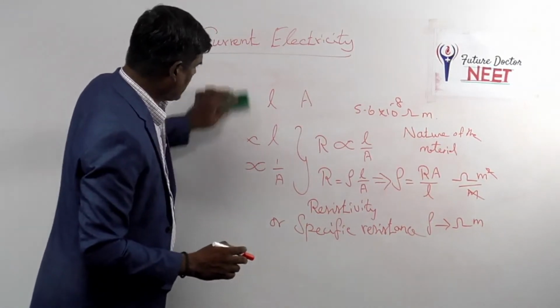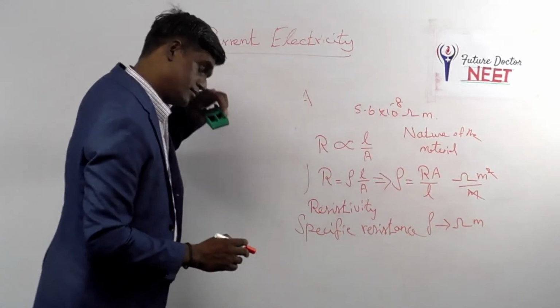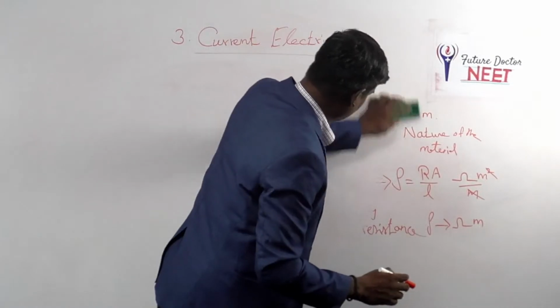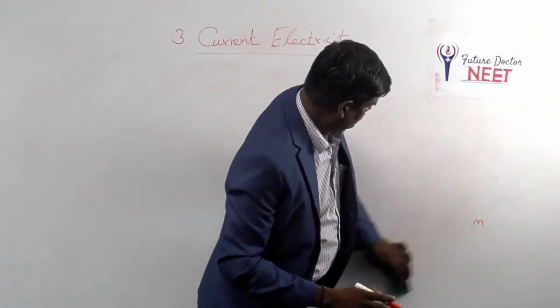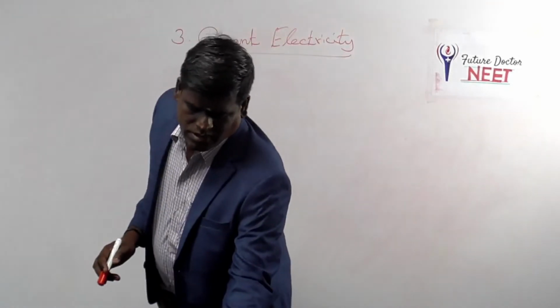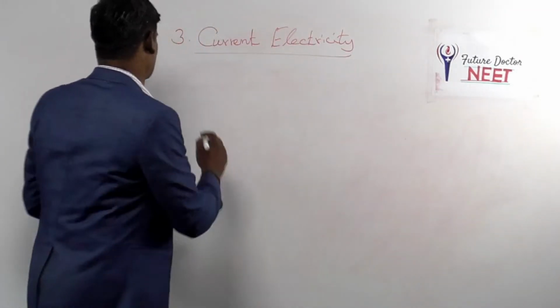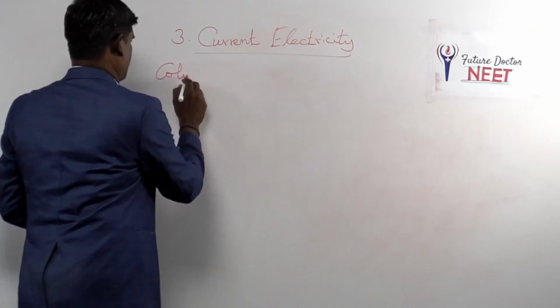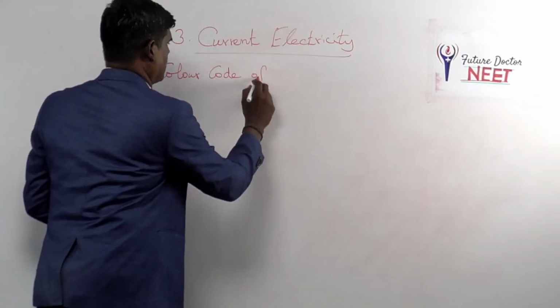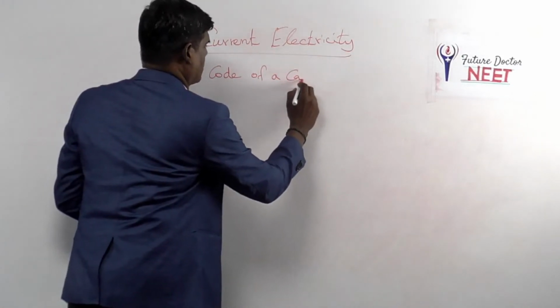Let's move to the next topic. In resistance, the color code of a resistor, carbon resistor.